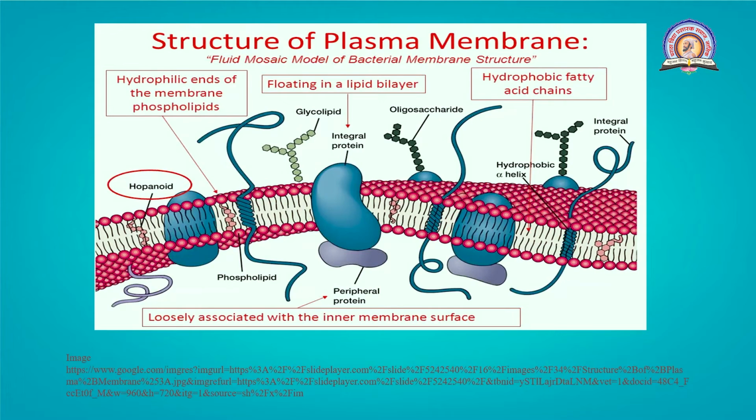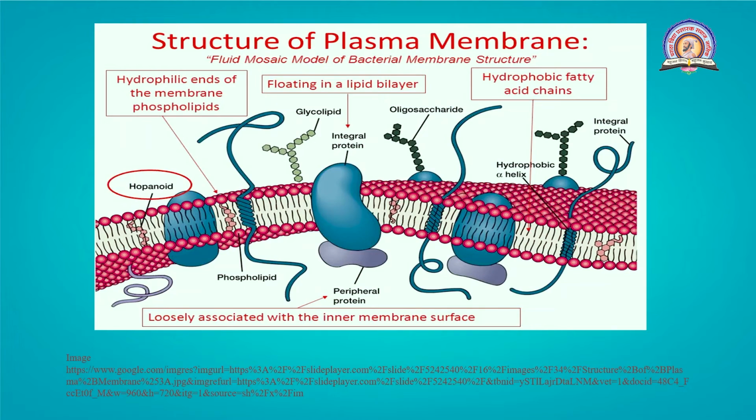Hopanoid molecules also act as signals which inform the cell what it needs now, either water or a high concentration of molecules. So this is how the plasma membrane is assembled in a bacterial cell.